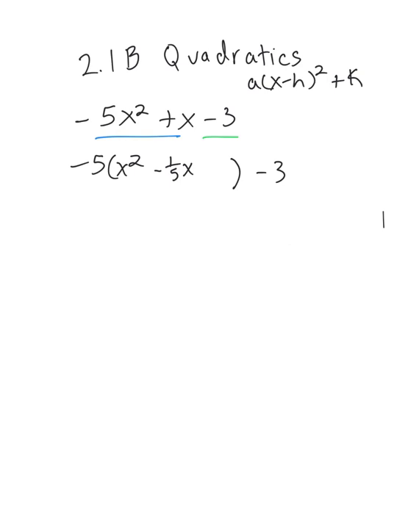Now, same thing here. I want to find half of 1/5. Half of 1/5 is 1/10, and we square that. 1/10 squared would be plus 1/100.